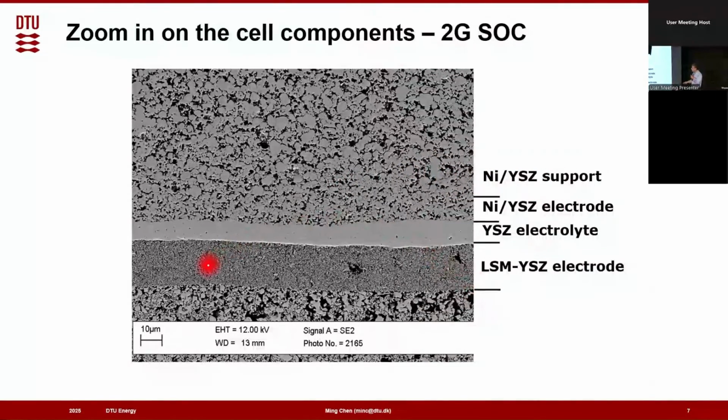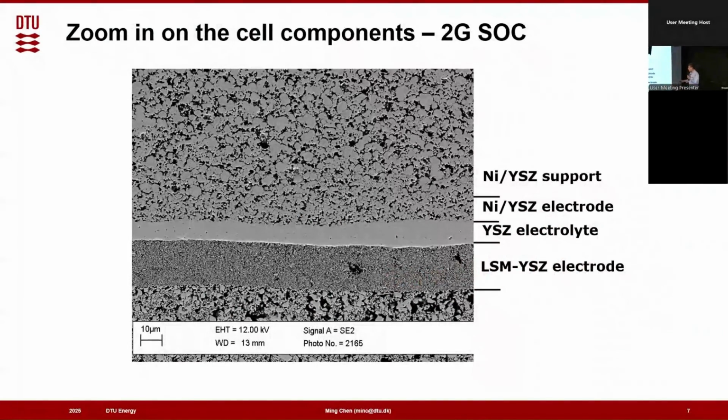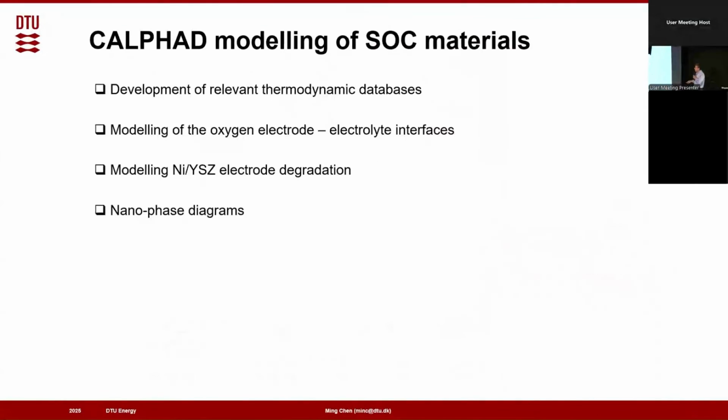Then on the oxygen electrode side, there's a perovskite oxide mixed with YSZ electrolyte. And the reactions happen at what we call the triple phase boundary, where the electronic conducting phase, for example nickel, the ionic conducting phase, YSZ, and the pore phase meet.